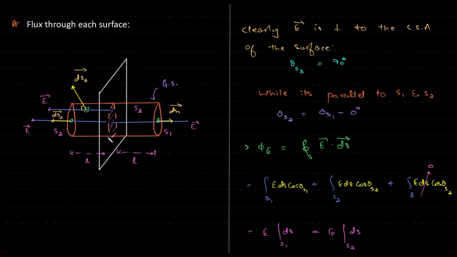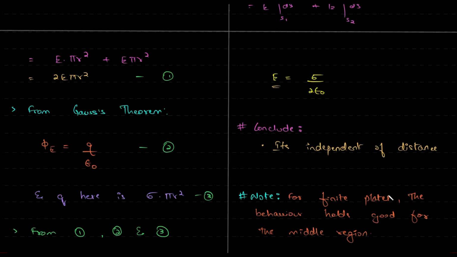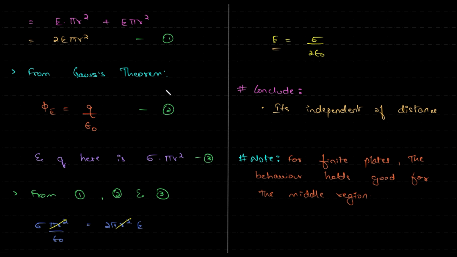And we look into the 3 to 4 surfaces over here, in this case 3 surfaces. And we break our surface integral into 3 parts. And then we use Gaussian theorem, get one more expression for the LHS, equate LHS RHS, get your expression for E. And an important conclusion that it's independent of distance.